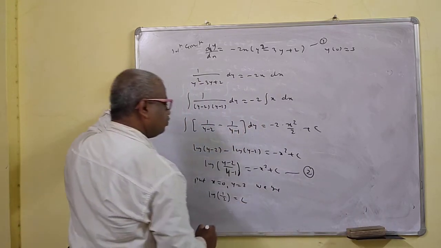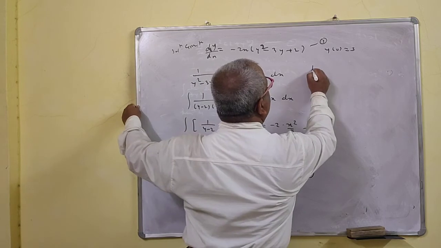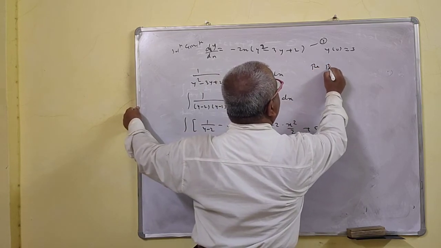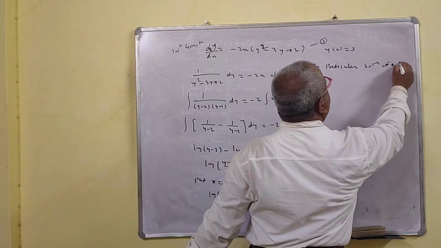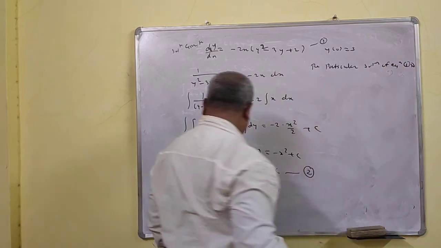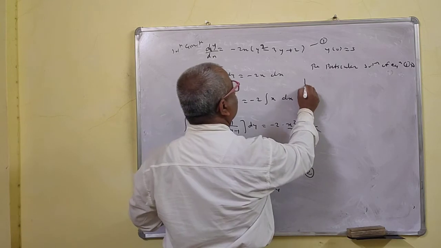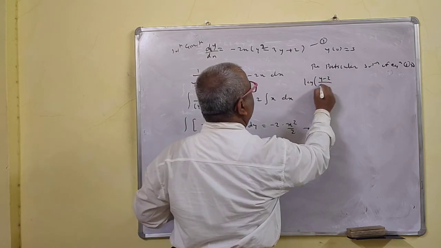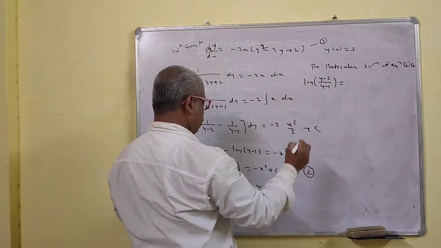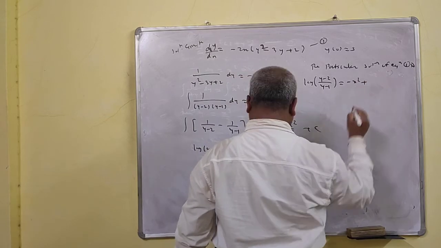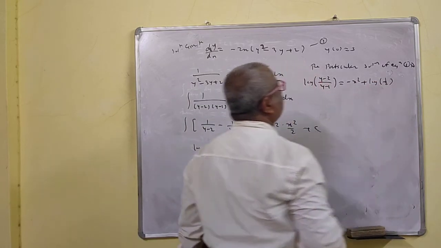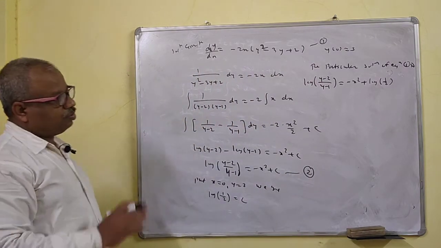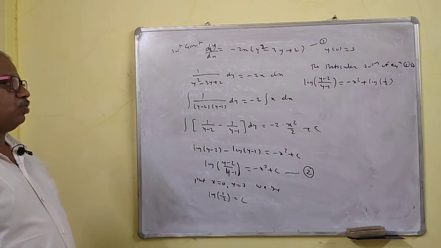This is equal to c. So the particular solution of equation 1 is log of (y minus 2) upon (y minus 1) is equal to minus x square plus log of half, or you may write this as minus log 2.